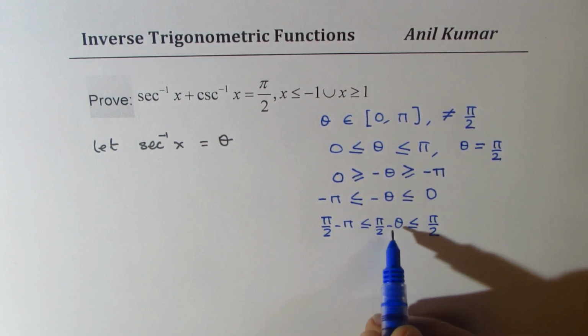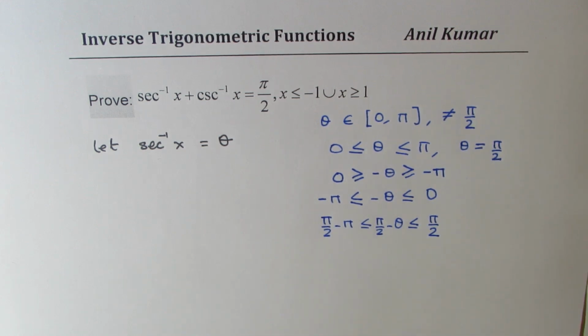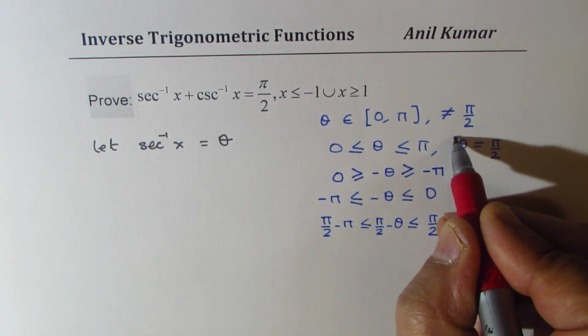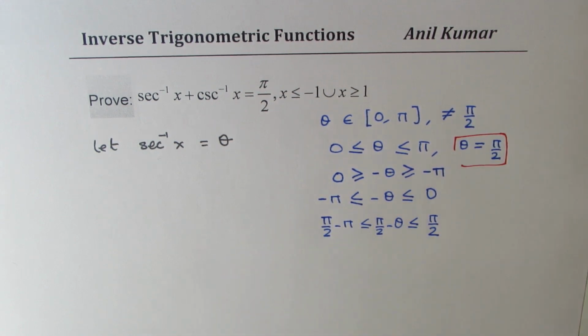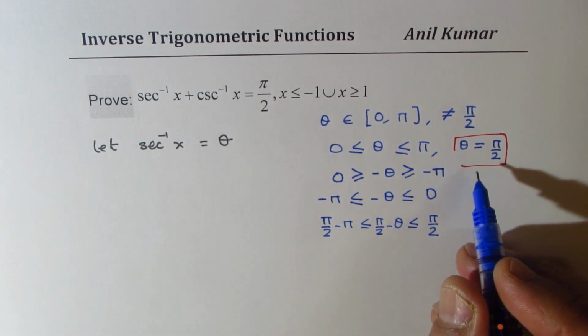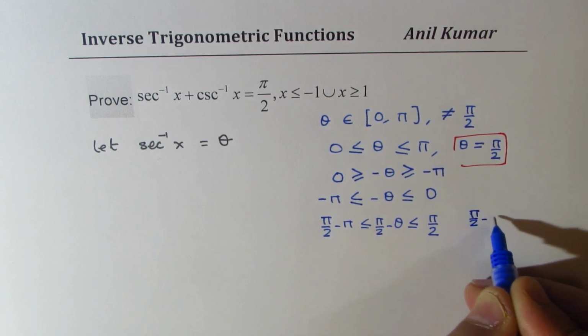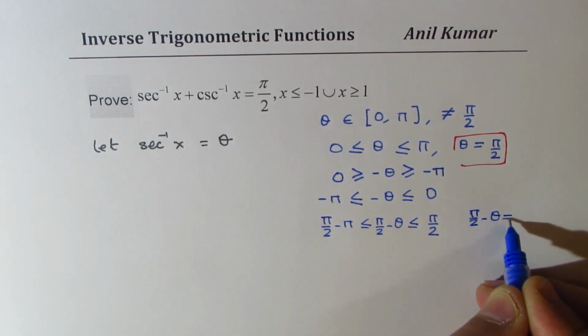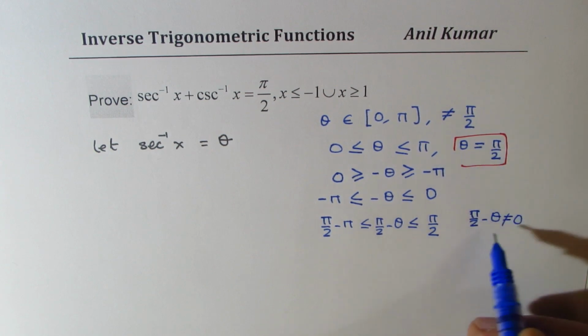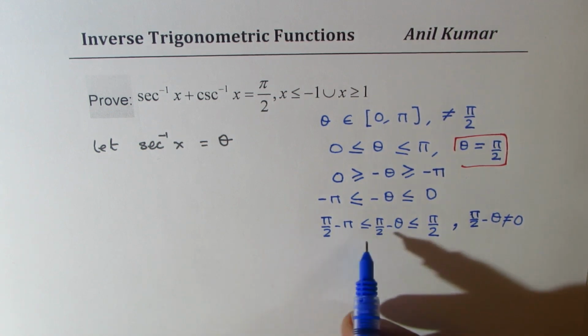Now, as far as pi/2 minus theta is concerned, since we know that theta is not equal to pi/2, we know that pi/2 minus theta is not equal to 0, right? Bringing it to the other side, pi/2 minus theta is not equal to 0. So that is kind of important to understand.